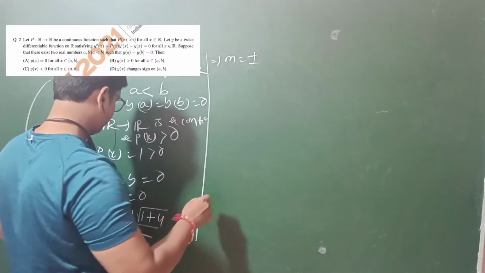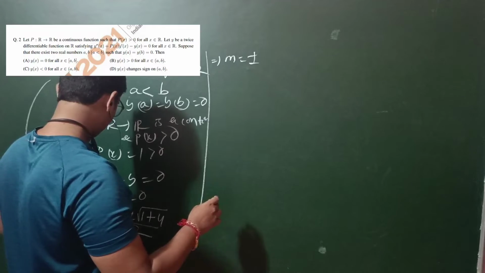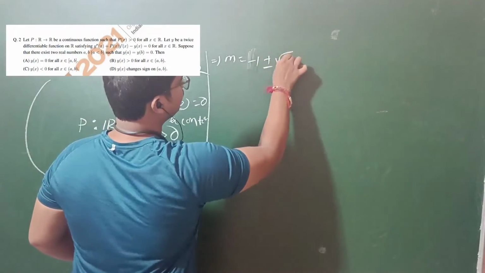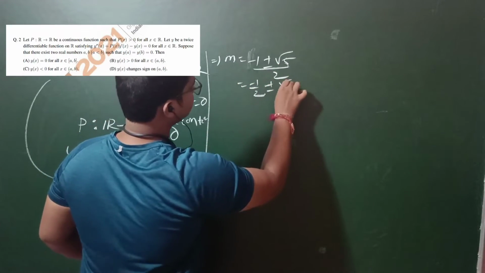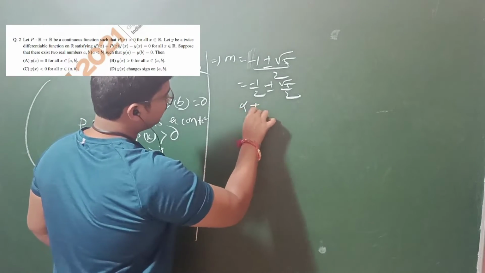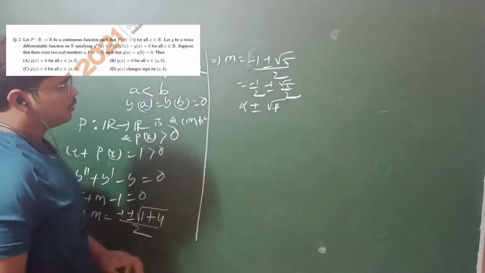Then m = (-1 ± root 5)/2 = -1/2 ± root 5/2, which is in the form alpha ± root beta.